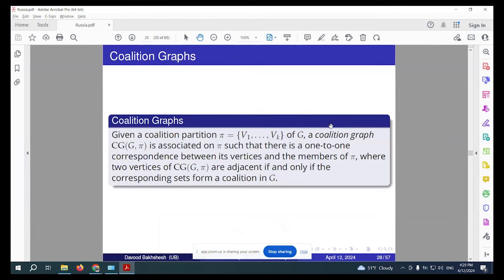Coalition graphs. Based on the definition of coalition partitions, the coalition graphs are defined.